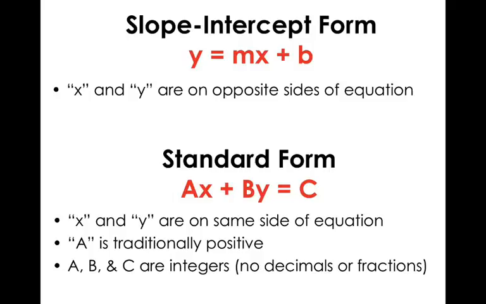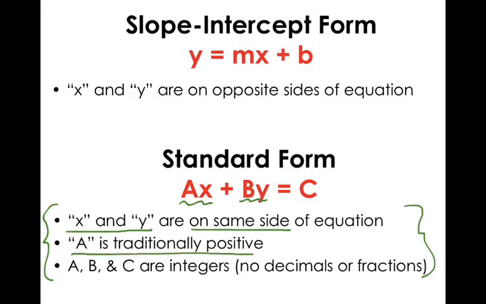Okay, so now we've got some information about standard form, and I want you to copy these three pieces of information down. X and y are on the same side of the equation. You'll notice it's ax plus by, so the x and the y are together. A is traditionally positive. We usually try to keep A positive.